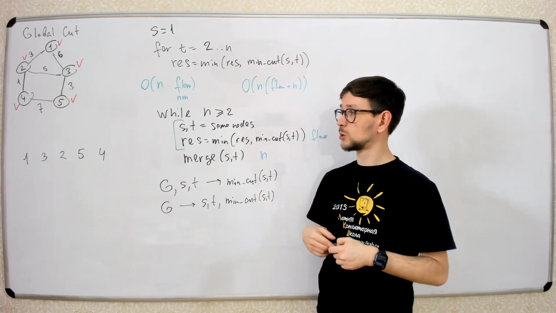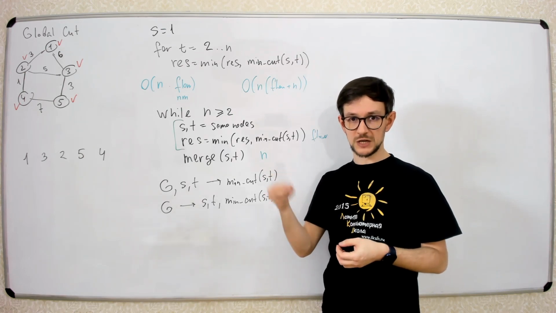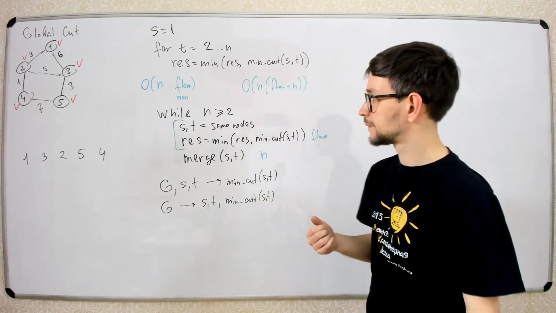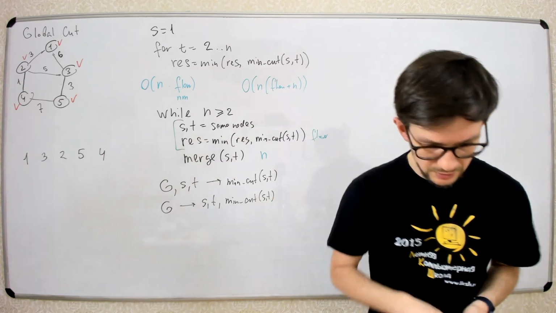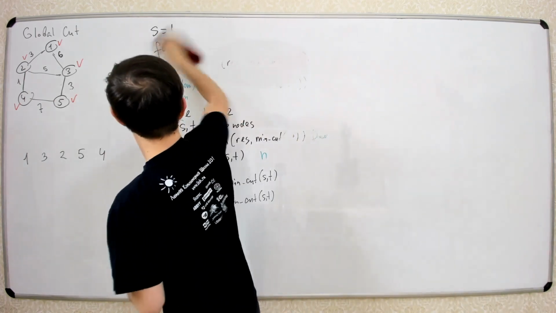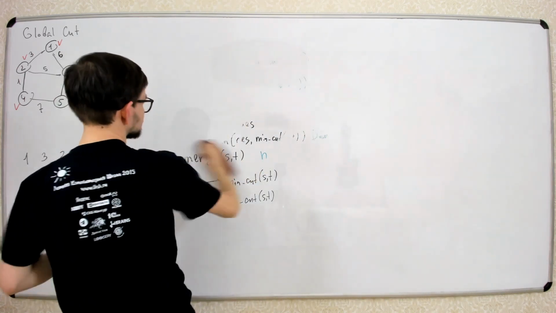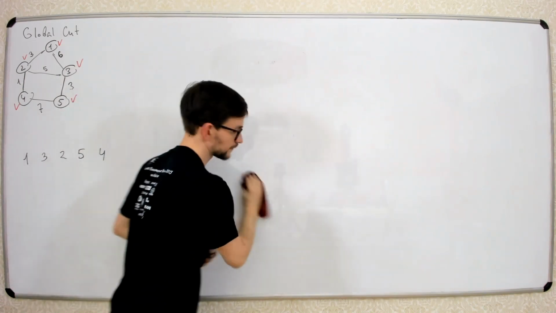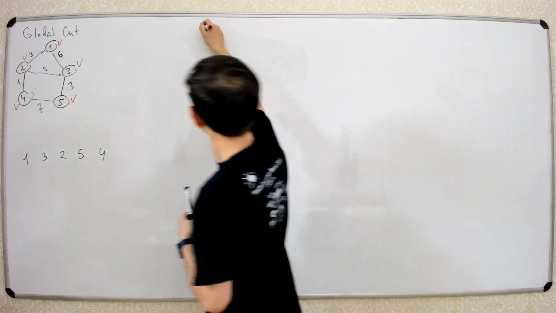Each time we select some node which is a neighbor of the previously marked nodes and has the maximal total sum of the edges to the previously marked nodes. So let's write it formally. So at any point we have some set of the marked nodes.